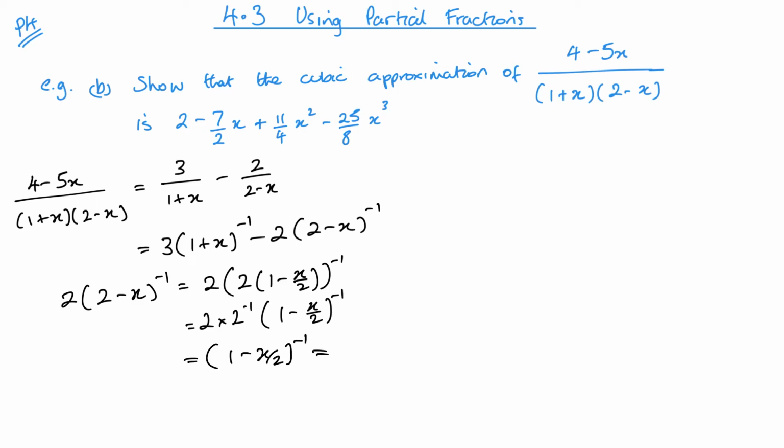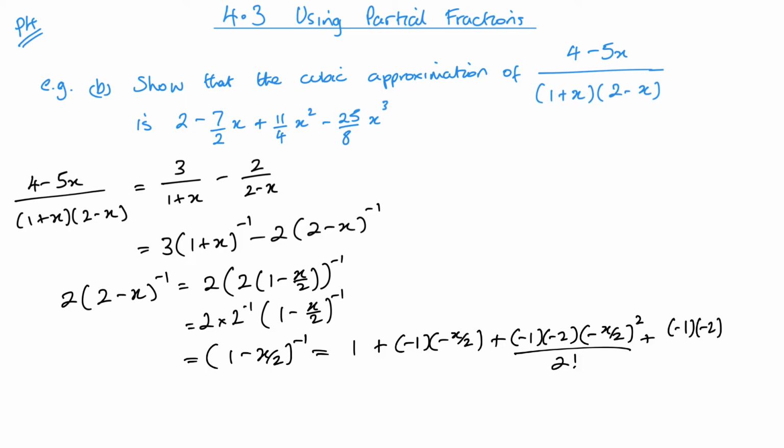So expanding this, I get 1 plus (minus 1) times (minus x over 2) plus (minus 1)(minus 2) times (minus x over 2) squared over 2 factorial plus (minus 1)(minus 2)(minus 3) times (minus x over 2) cubed over 3 factorial.